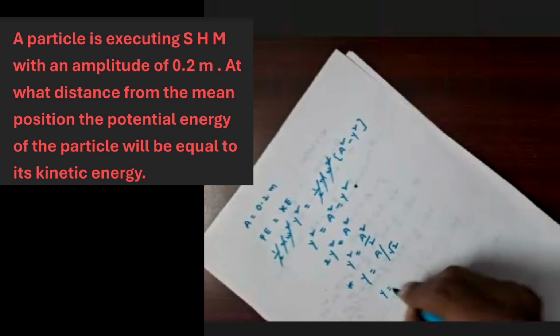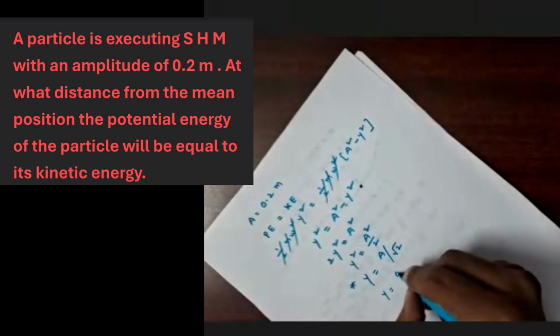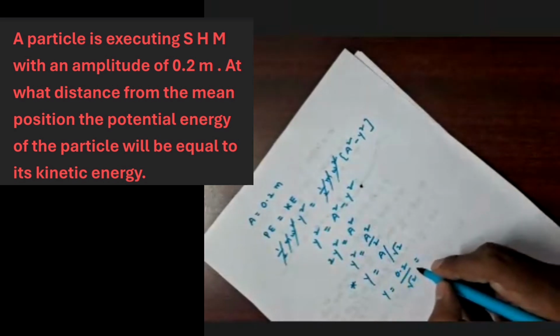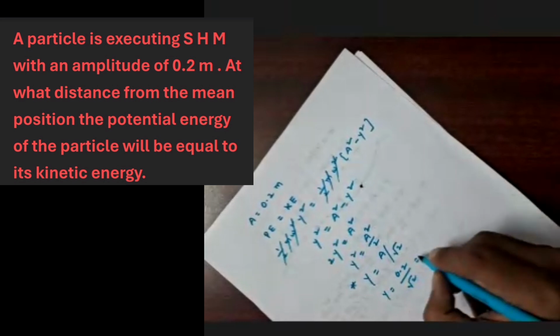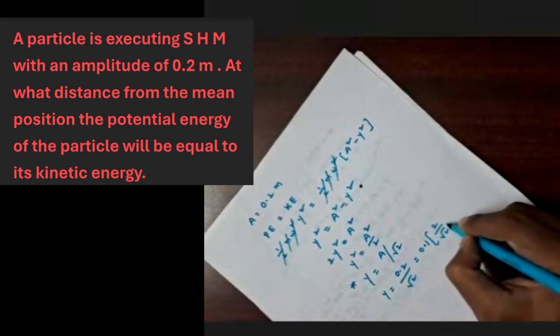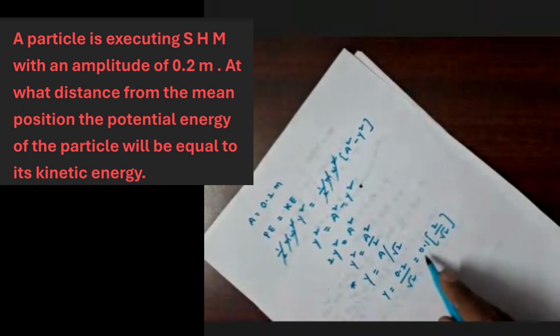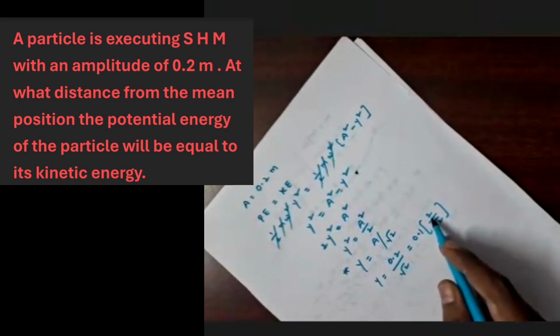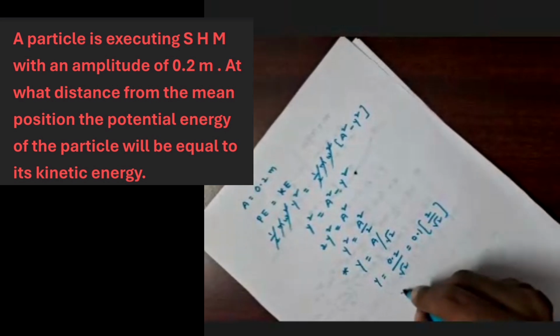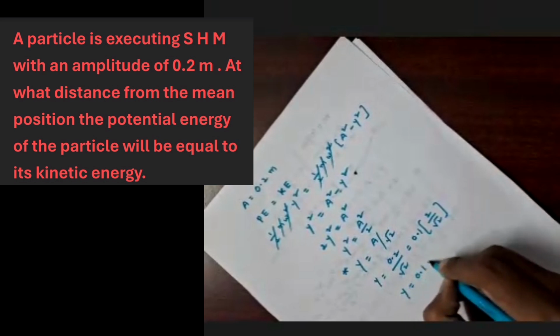Now y is equal to a by root 2, in the problem given as 0.2 by root 2. That is nothing but 0.1 into 2 by root 2. I am writing 2 as root 2 into root 2. In the numerator one root 2 and the denominator root 2 get cancelled, and in the numerator one more root 2 remains. So 0.1 into root 2.